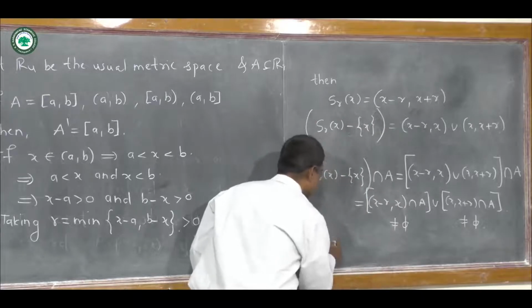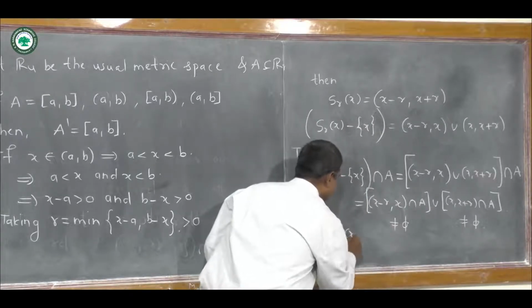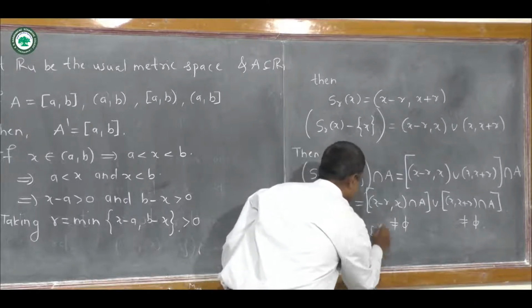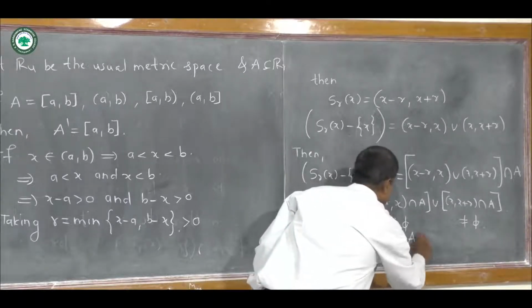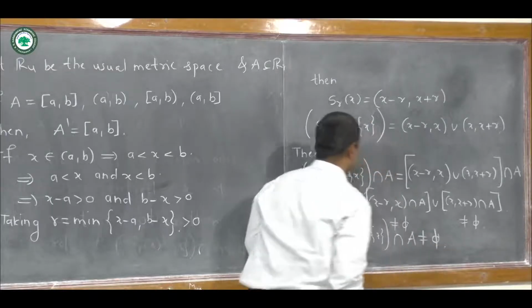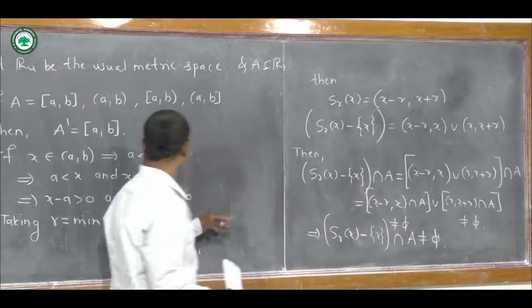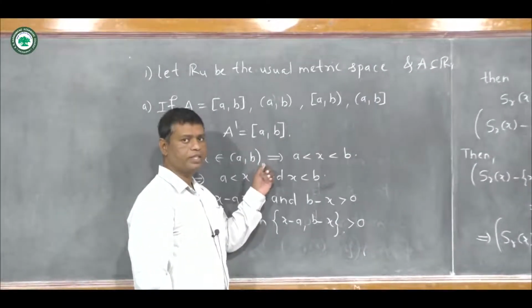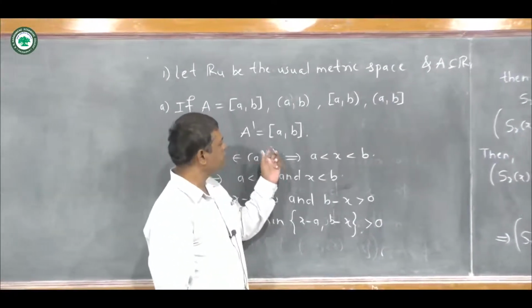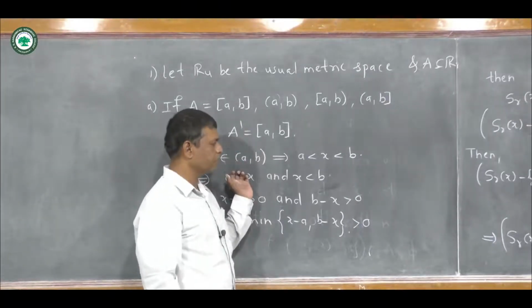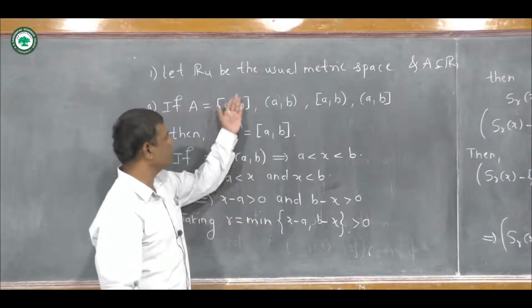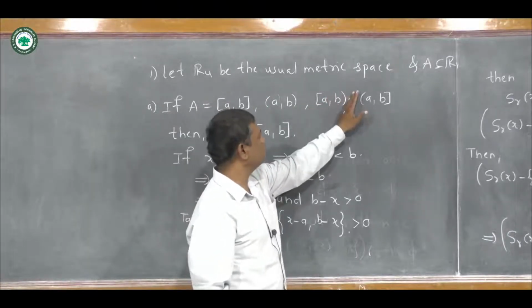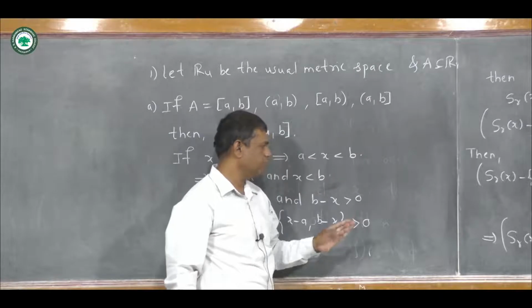So the intersection of S_r(x) minus singleton x with A is always non-empty. Therefore each point of the open interval (a, b) is a limit point of the given set, that is if you take A equal to closed bounded interval [a, b] or open interval (a, b) or closed open interval [a, b) or open closed interval (a, b].